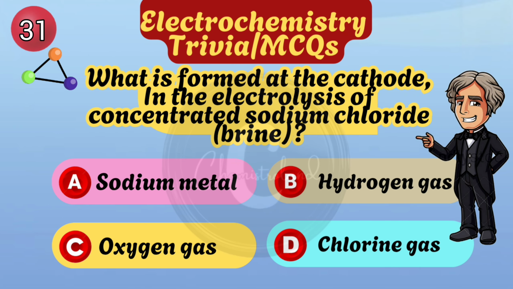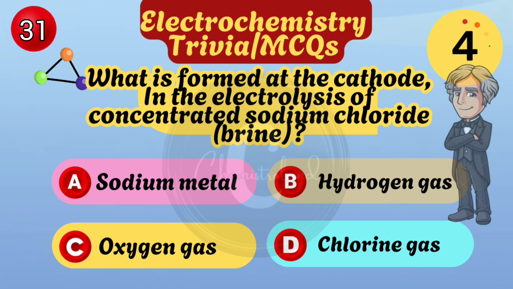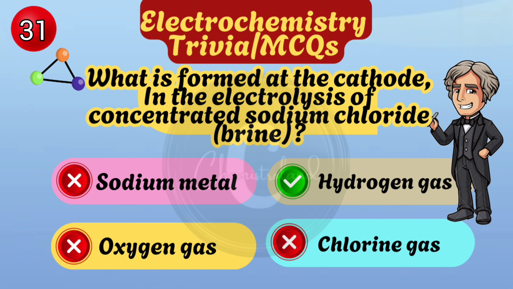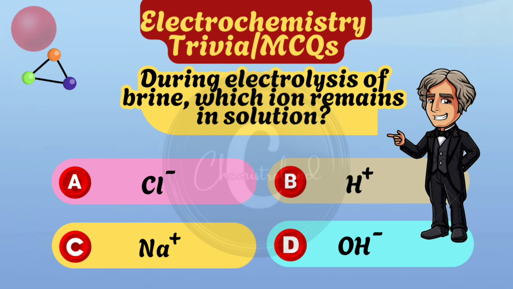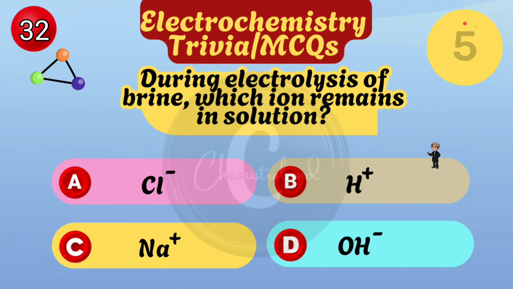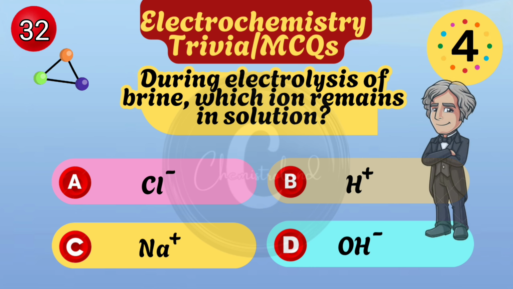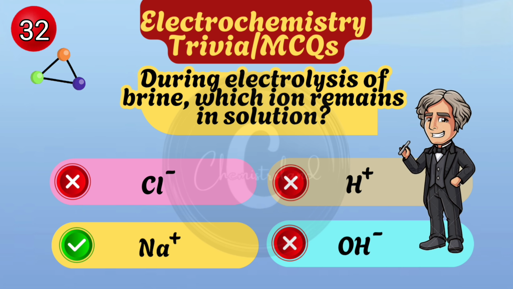What is formed at the cathode in the electrolysis of concentrated sodium chloride, brine? Hydrogen gas. During electrolysis of brine, which ion remains in solution? Na+ ion remains in solution.